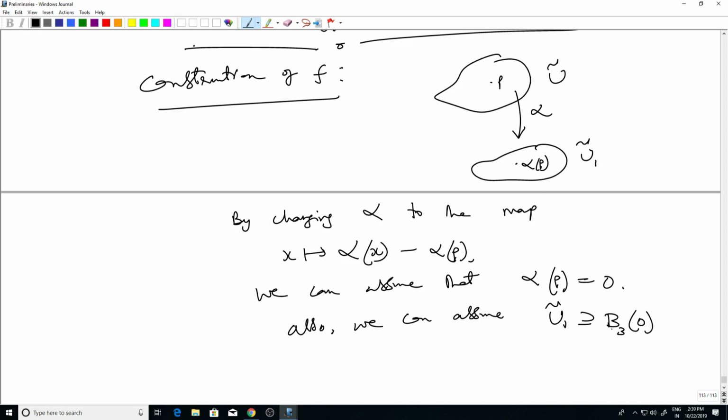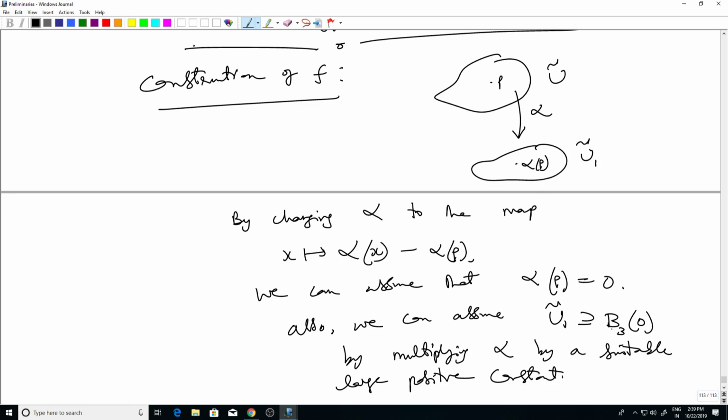We can assume this by multiplying alpha by a suitable large positive constant.